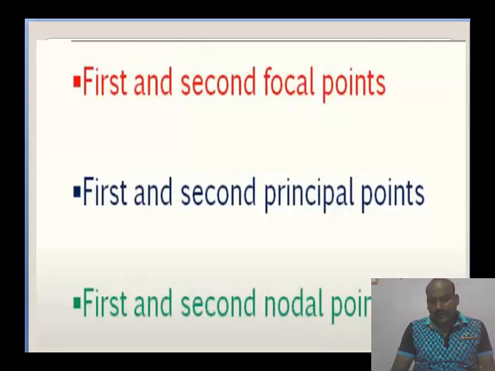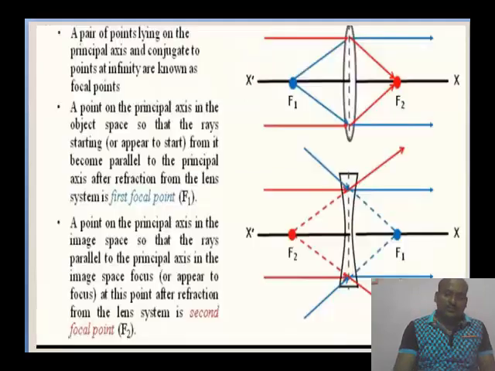Again, in this slide: first, the first focal point and second focal point, a pair of focal points. Second, the first and second principal points, a pair of principal points. And the first and second nodal points, a pair of nodal points. In total there are six cardinal points in an optical system.